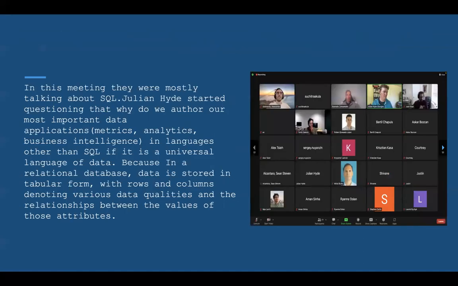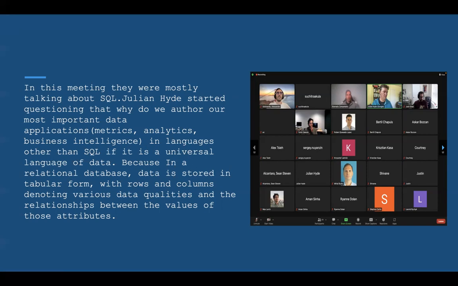So, the next slide. As I mentioned earlier, this meeting was mostly about SQL. Julian started discussing some questions. He discussed data applications and asked one interesting question: why do we author our more important data applications in languages other than SQL if it is a universal language of data?